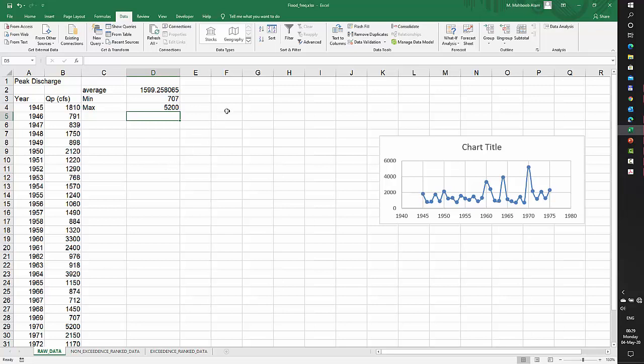So we need to have the bin range fixed, so that we can tell Excel to draw a histogram for us for that particular bin.